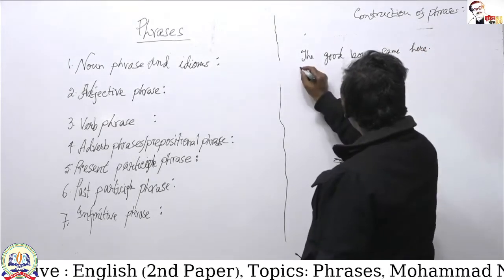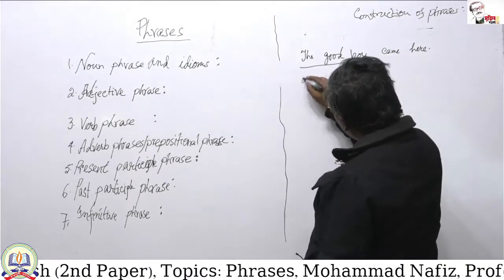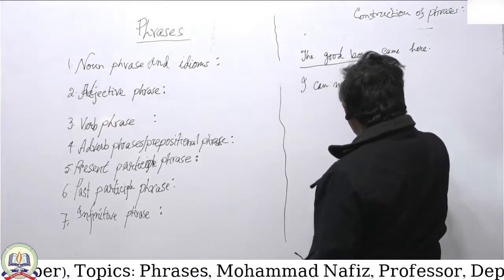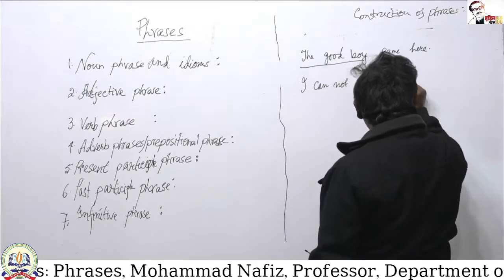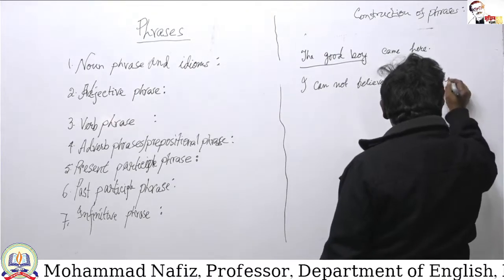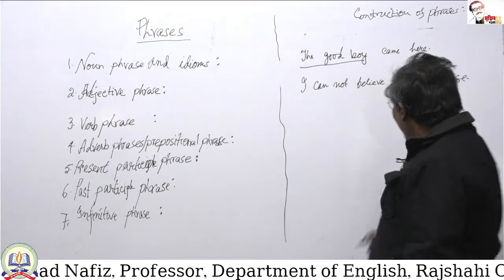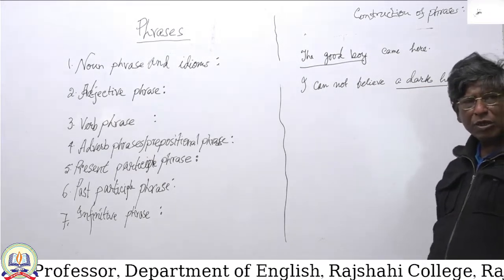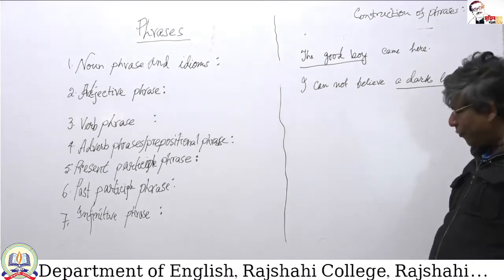In this sentence, the good boy is the subject, it is a noun phrase. But I cannot believe a dark horse. A dark horse. Here, a dark horse is the object of the sentence. Therefore, it is a noun phrase.